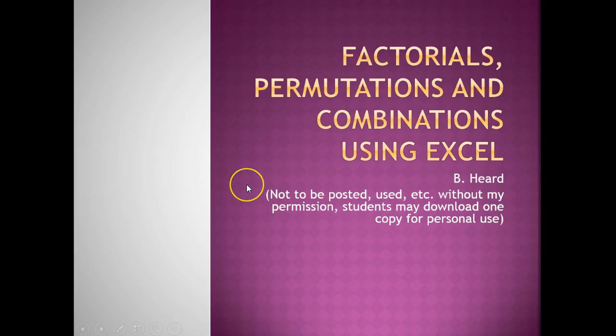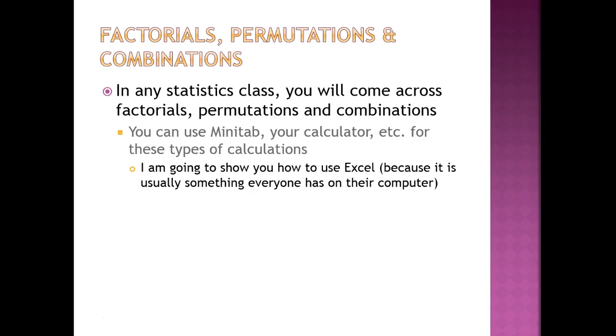So many students get to things like the fundamental counting principle, and they get to factorials and permutations and combinations, and they freak out, and they really should not, because it's really an easy topic to use your calculator and/or Excel on these.